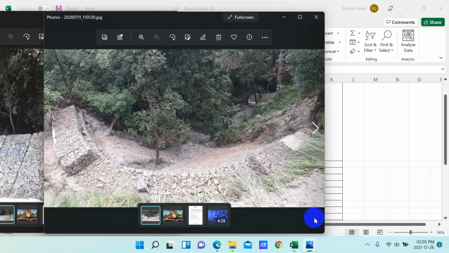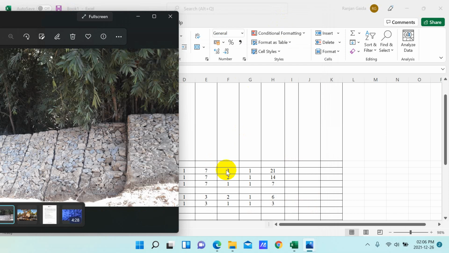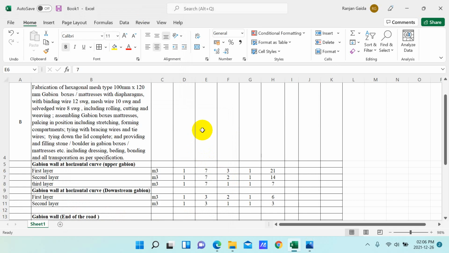Here 0.5 meter, and in the backward also it's 0.5 meter. So if we leave 0.5 meter in the front and back side, then it will be 3 meter minus 0.5 minus 0.5, it's 2 meter, and then 1 meter at the top. So this is the topmost section of our gabion wall.